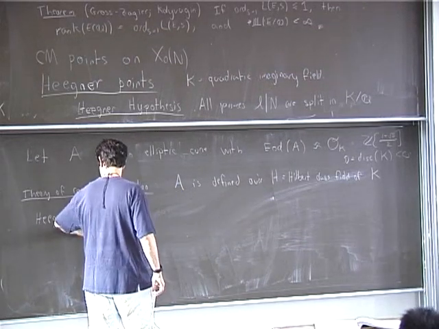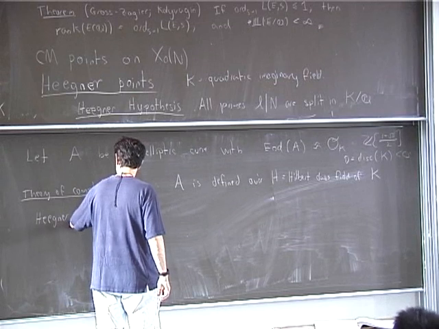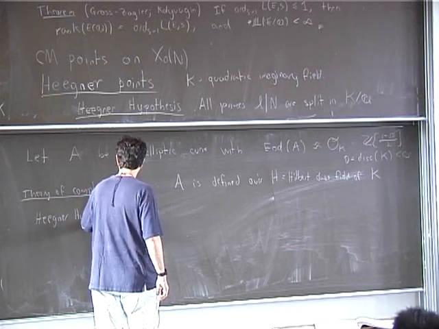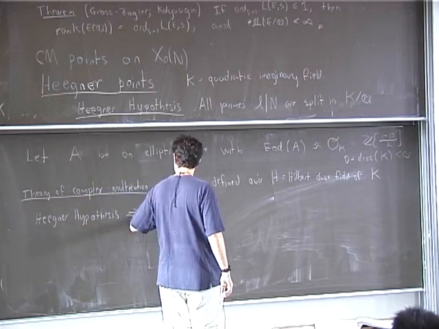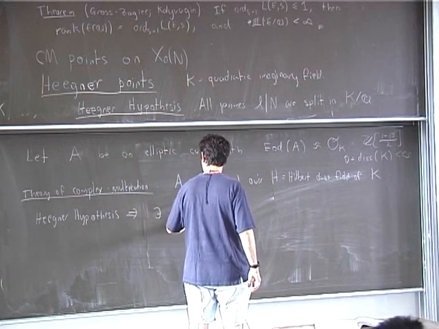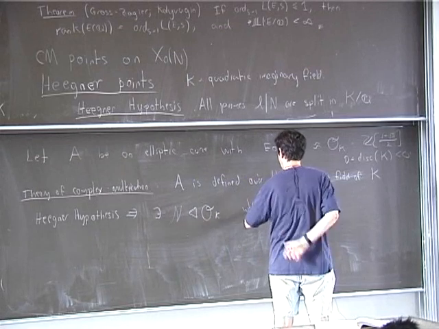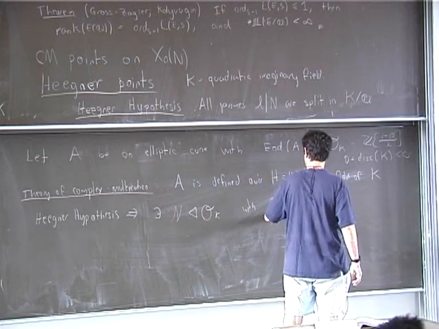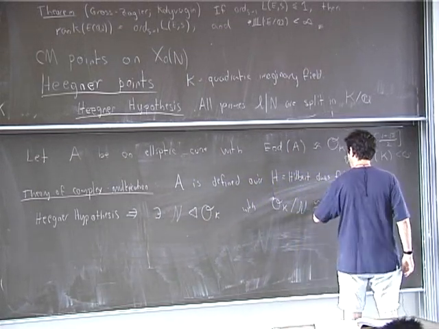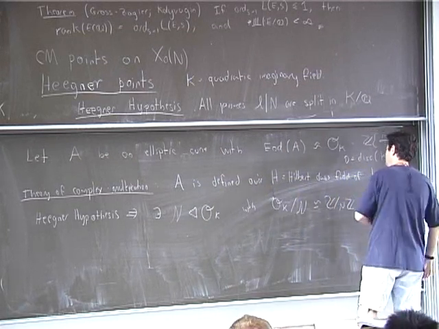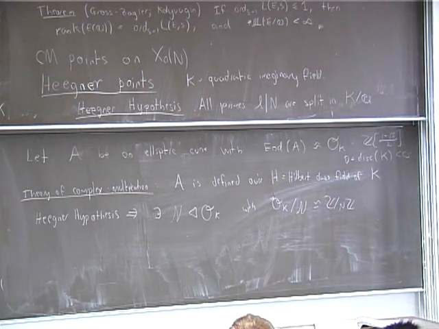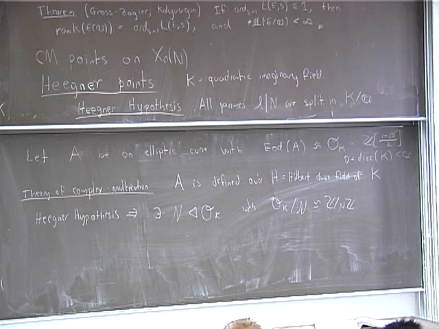So, the Heegner hypothesis implies that there exists an ideal, which I'll call script n, an ideal of this ring of integers, with the property that the quotient by this ideal is isomorphic to Z/nZ. So I can take an ideal of norm n with cyclic quotient like that. And that's clear, right?